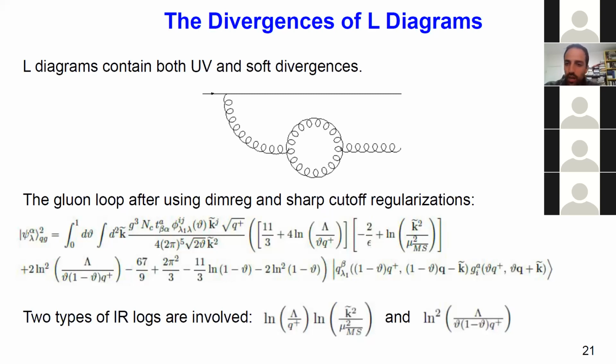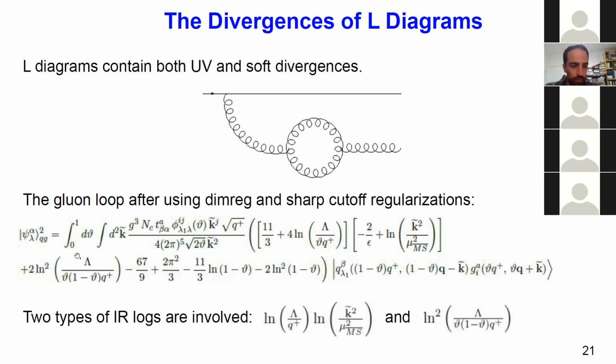This is basically after using DIMREG and introducing a sharp cutoff, which you can see here, this lambda. Effectively, this lambda is a parameter which is the lowest value that can be of the longitudinal momentum.